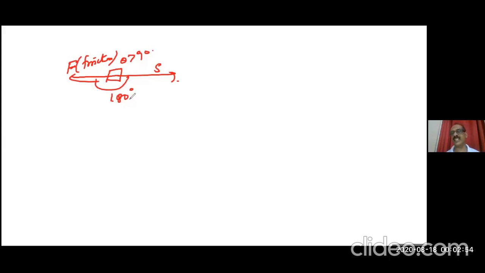Then work done is negative. That means W is equal to Fs cos 180, which is minus Fs.